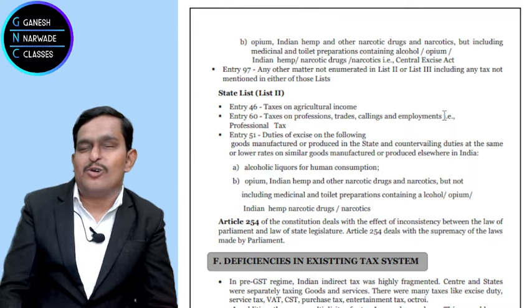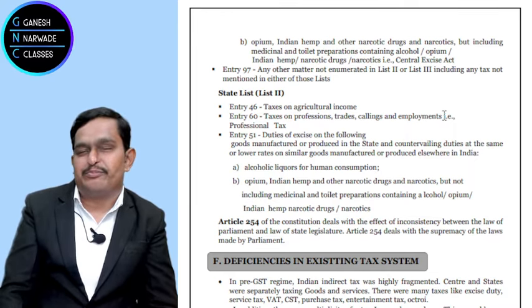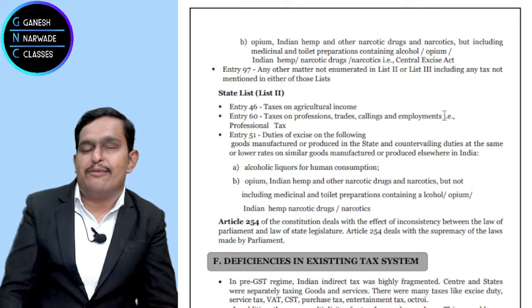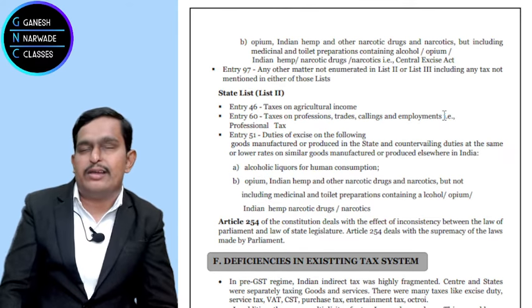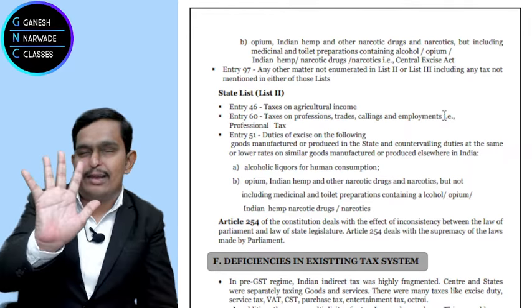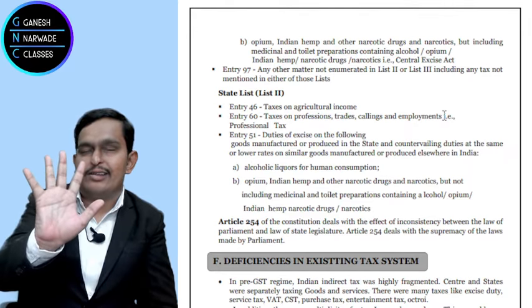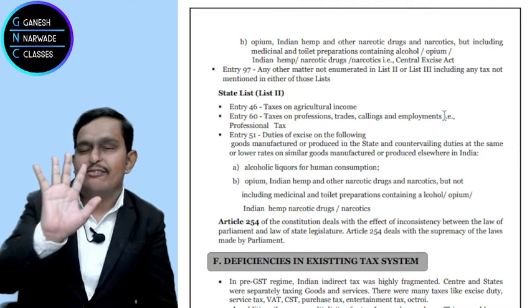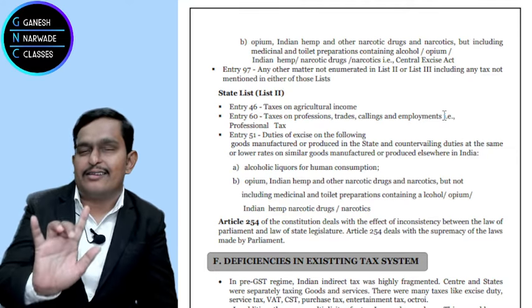Then tell me, who can levy the tax? Obviously, state government. Which entry number? Entry number 51. So state government gets the power to levy tax on these 5 products. Again repeat, state government can levy tax on these 5 products under entry 51 of state list, list 2.